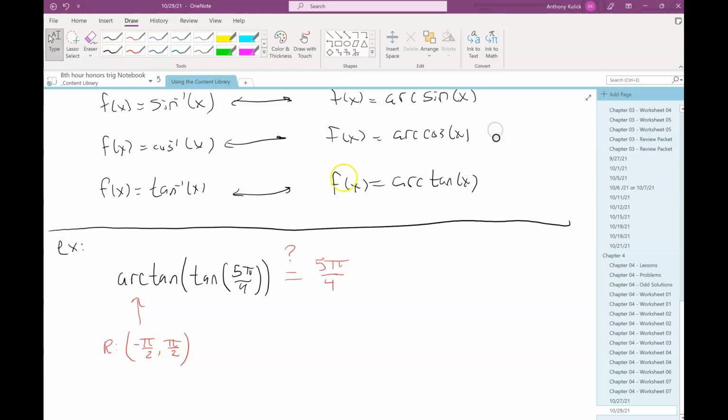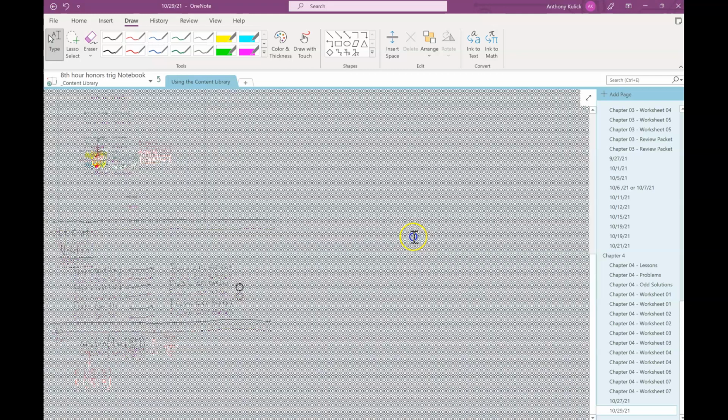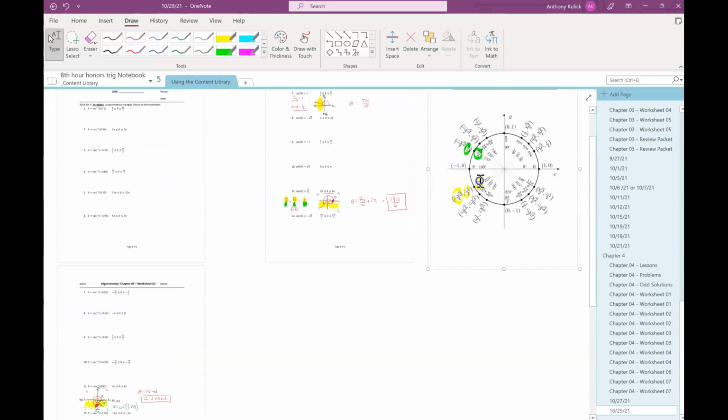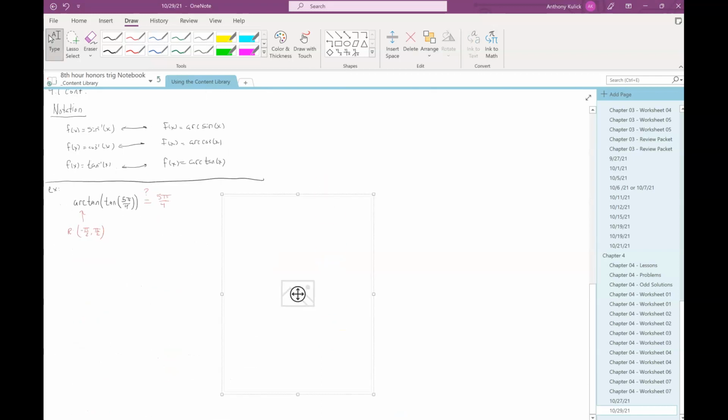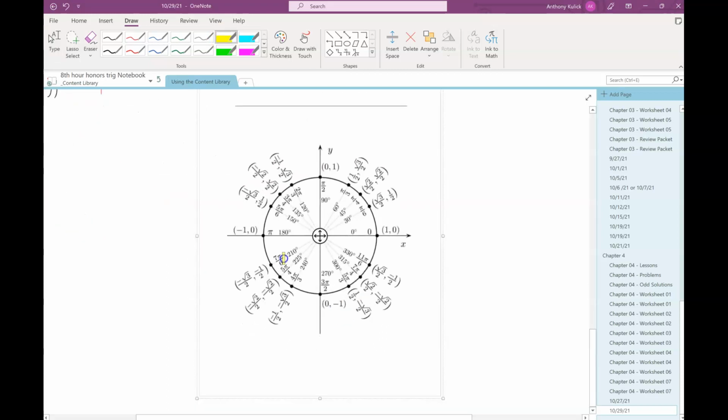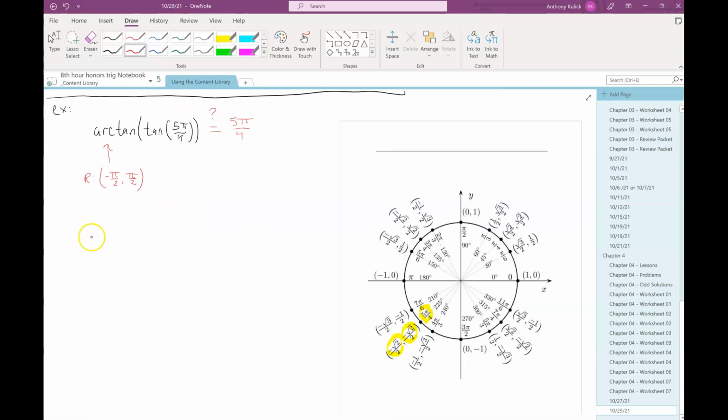So what should I do? Well, here's what we do. We're going to have to do this the long way, working from the inside out. I'm going to calculate tangent of 5 pi over 4. So y over x gives me 1. Everybody cool with that? Tangent of 5 pi over 4 is just y over x, so that's just 1. So we have arctan of 1.